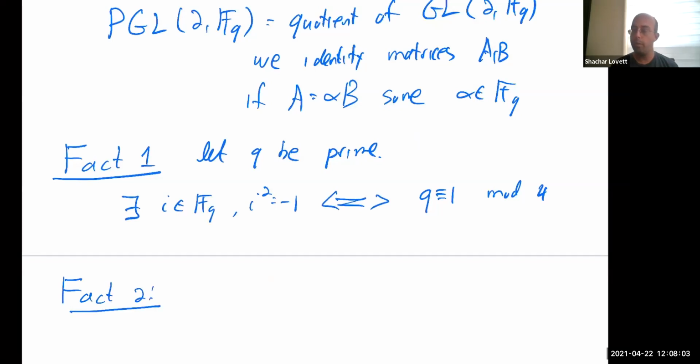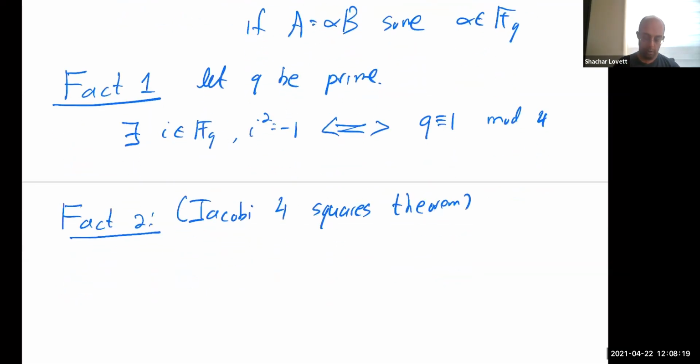The second fact we'll need is something called Jacobi's four-square theorem. And it says the following thing. Let n be at least 1.